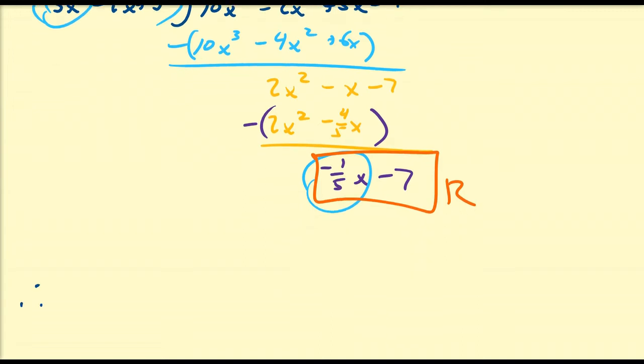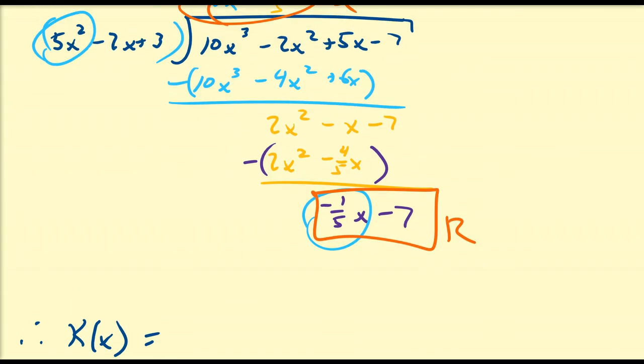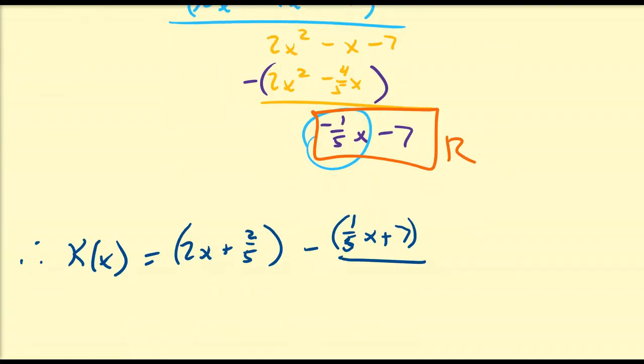So that means our polynomial, k of x, can be rewritten as 2x plus 2/5 plus, or I can actually rewrite this as minus, 1/5 x plus 7 all over my divisor, which was 5x squared minus 2x plus 3.